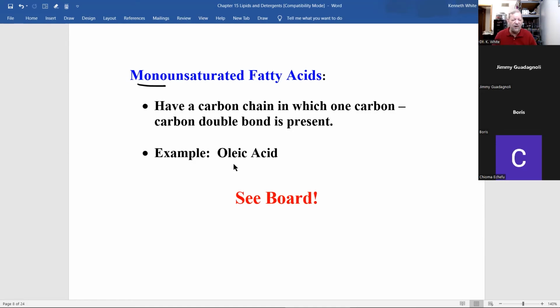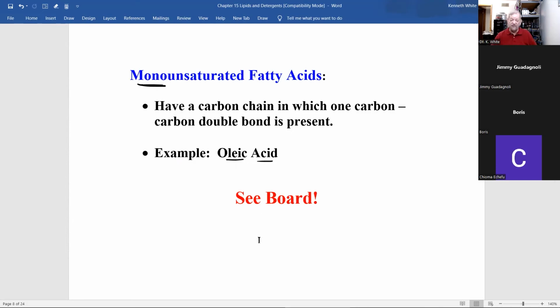So what's a monounsaturated fatty acid? Mono means one, unsaturated. It's a fatty acid having a carbon chain in which one carbon-carbon double bond is present. And the name of that is oleic acid.